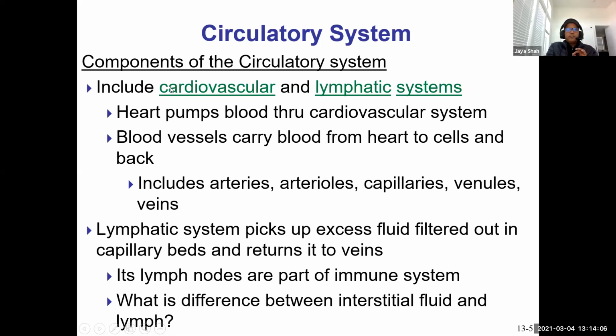In the cardiovascular system, cardio means heart. The heart pumps blood through the cardiovascular system. And vascular means blood vessels. Blood vessels carry blood from the heart to cells and back. And these blood vessels include arteries, arterioles, capillaries, venules, and veins. Okay. So we have the heart, and then from the heart, large blood vessels exit that branch off and spread all over the body, providing oxygen, nutrition, and liquid to the tissue.